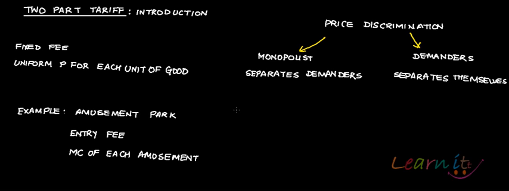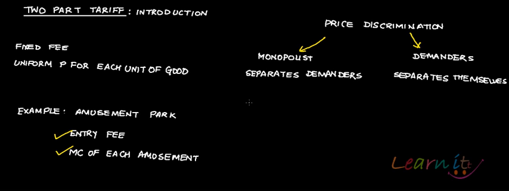You getting the point? The classic example is an amusement park, where you have to pay the entry fee, and with whatever amusement you use, you'll be paying for that. Is that okay? So that's a classic example.